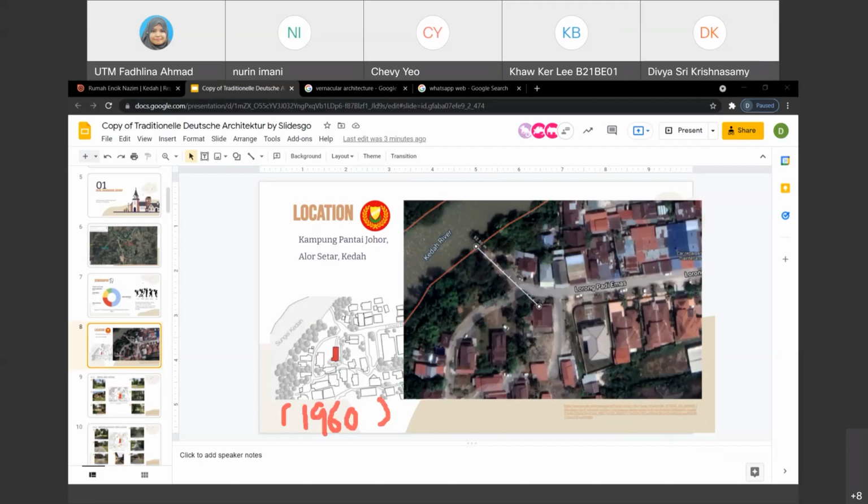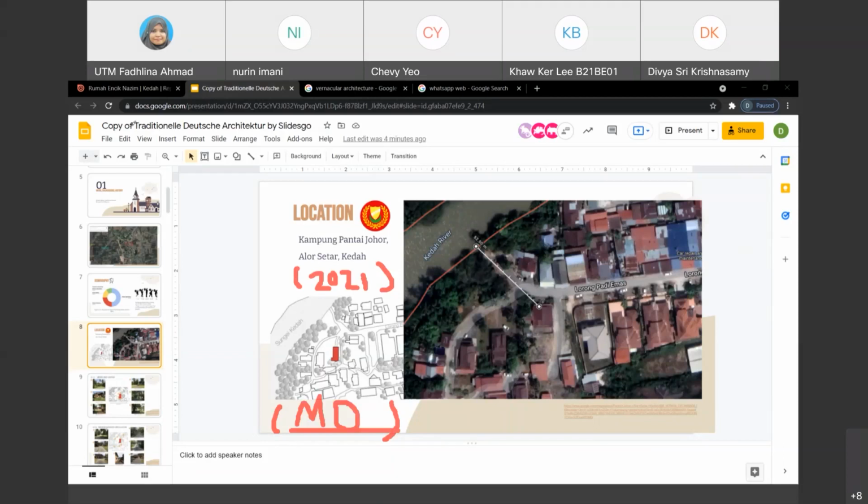So both are current. So you need to put the year, 2021. But I don't think it is 2021. When did they do this? During what year, the measure drawing? Oh, this one? So you need to put MD, the year of their measure drawing.